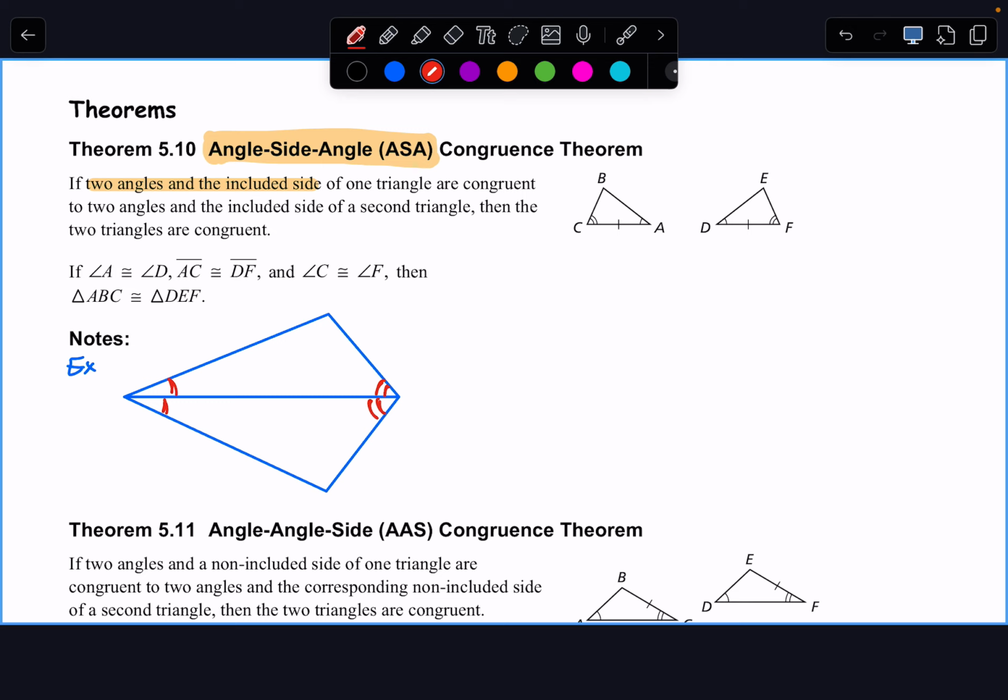Okay. Do we have enough information to say, hey, these 2 triangles are congruent? Why? Try again. But I only see 2 angles. Alex?